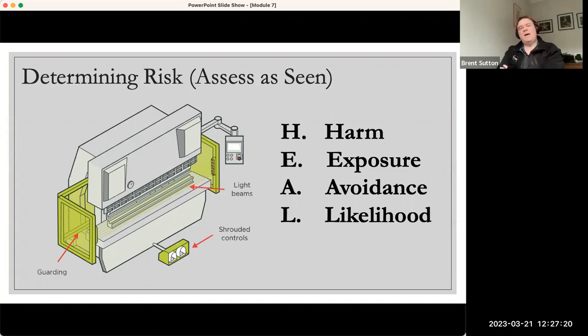If any parts of the upper body, the arms or the head, try to go into that danger zone, that light curtain will activate and remove energy from that machine. So the guards don't reduce harm. The light curtain can reduce harm if it can remove the energy within the amount of time. And that's consistent across that.